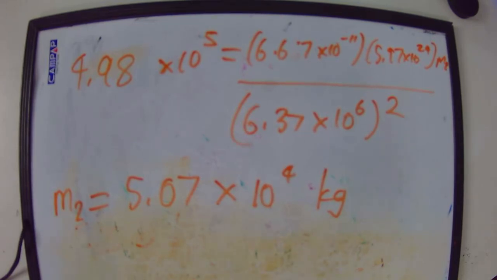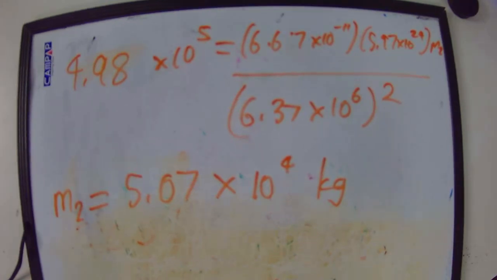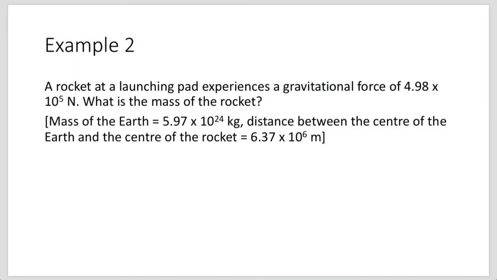But in standard form, 5.07 times 10 to the power of 4. Usually you round it off to a few places. Okay, so that's how you use the formula or the law of gravitation.